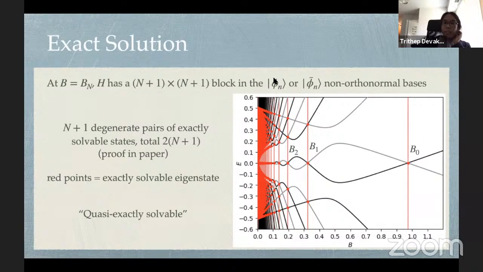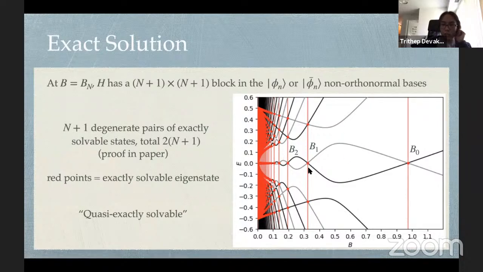Now recall that little h is non-Hermitian, so this is a non-orthonormal basis, but H has some block structure in this basis. And so what you can do is block diagonalize and just find the eigenvalues of an n plus 1 dimensional finite matrix. And you find exactly, and the proof of this is in the paper, n plus 1 exactly degenerate pairs of exactly solvable states for a total of 2n plus 1.